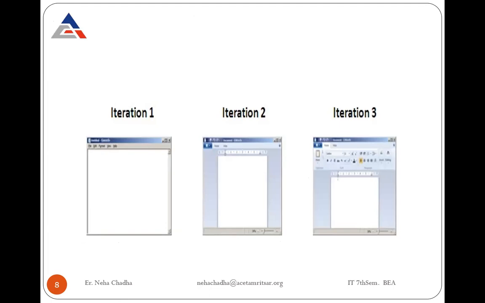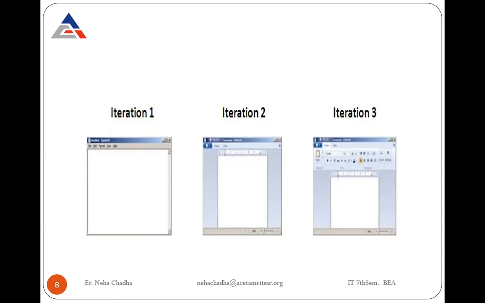Suppose in the first iteration, Google is only ready with the file, edit, format, view, and help menu system. But after that, Google finds out that yes, a ruler is required here. Then it added a scale there. Then in the third iteration, a ribbon will be added so that it will be easy for the customer to view the icons or the tools over the ribbon.